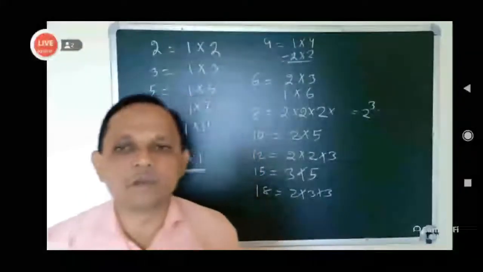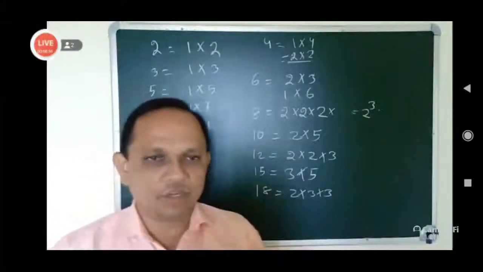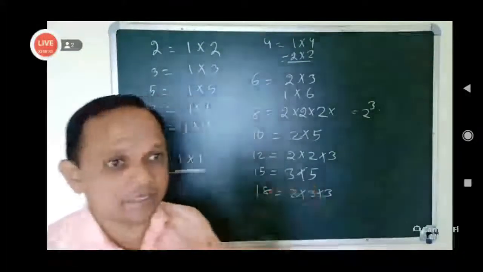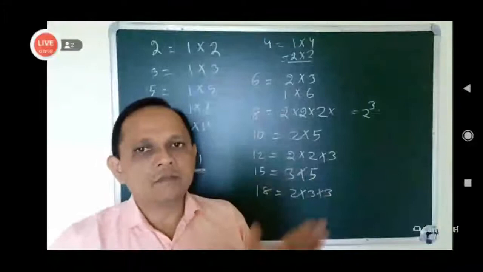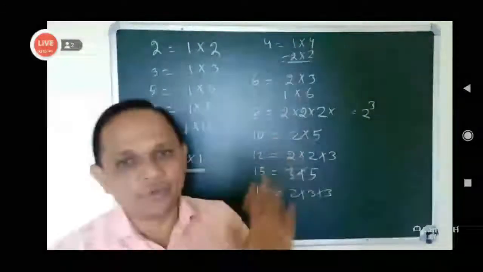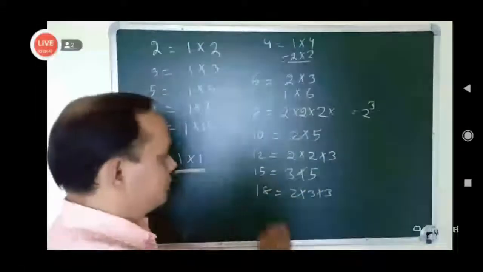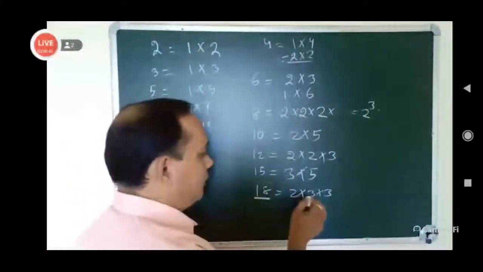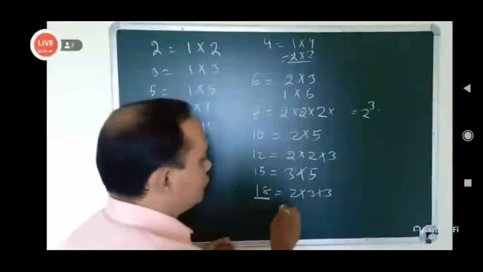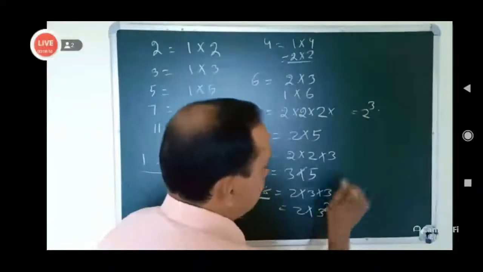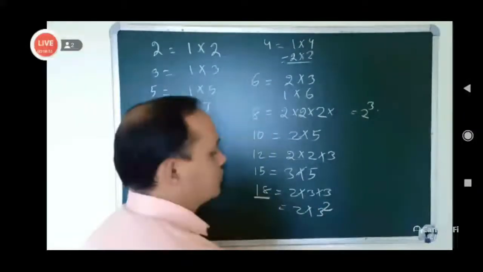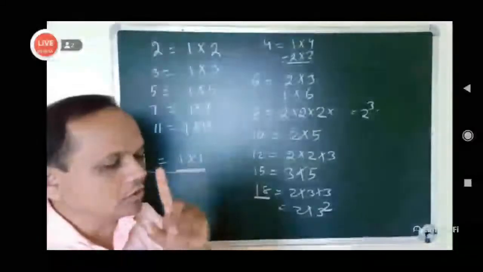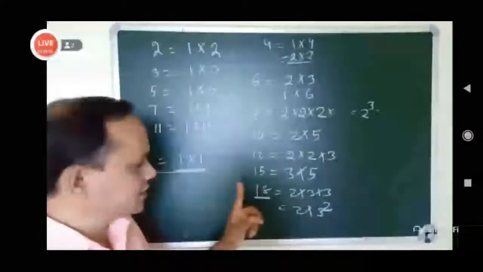Likewise, each composite number can be factorized into primes in a unique way. No other number except 18 can be factorized as 2 into 3 into 3, which equals 2 into 3 squared.